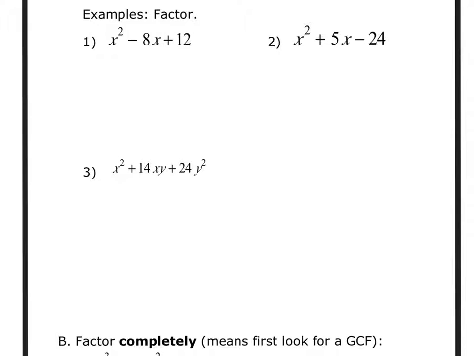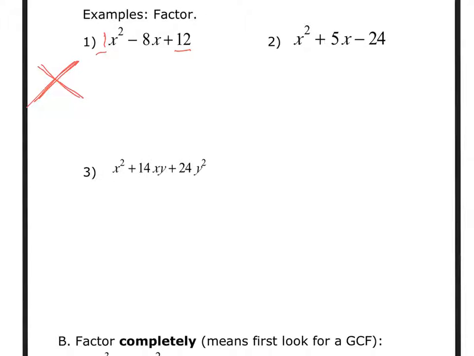Just so I'm consistent, I'm going to use this X box method, and I'll walk you through it. I put my X right here. I take my leading coefficient, which is an invisible 1, and multiply it by 12.